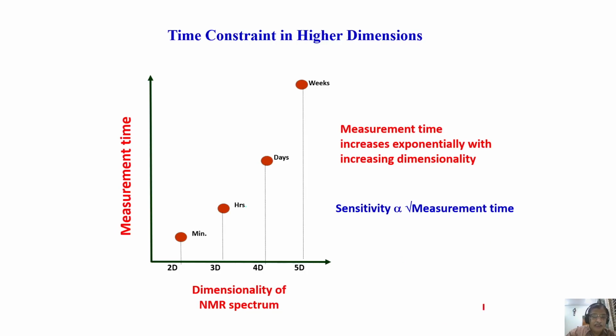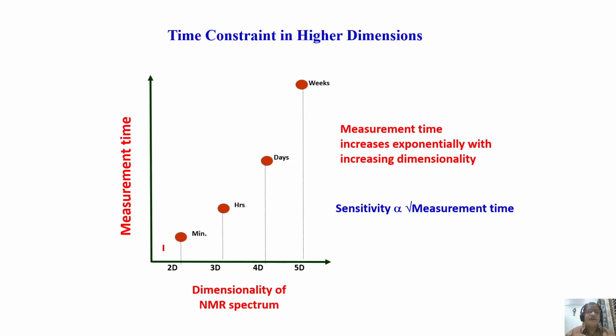Remember, if I take a 1D experiment, with present day sophisticated spectrometers, thanks to many vendors who have designed very sophisticated experiments, probes, NMR spectrometers and magnets, the time required to get an NMR spectrum is really fast compared to 2 to 3 decades back.